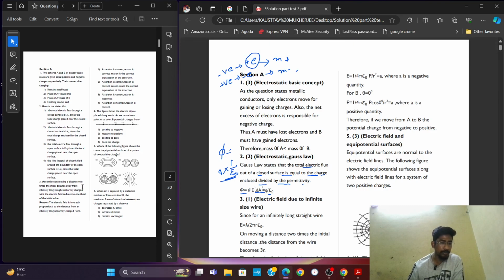Number 3 is an assertion-reason question. Moving a distance 2 times the initial distance away from an infinitely long straight uniformly charged wire, the electric field reduces to 1/3 of its initial value. Okay, seems correct. The electric field is inversely proportional to the distance from an infinitely long uniformly charged wire.